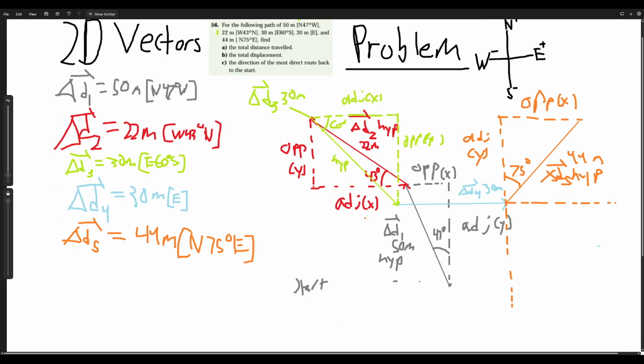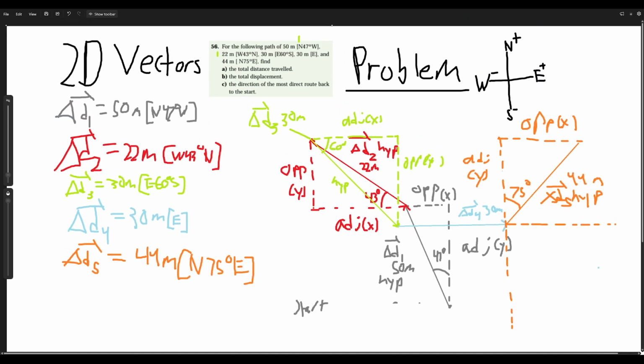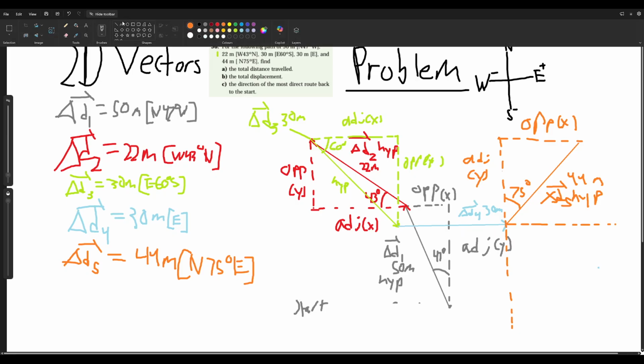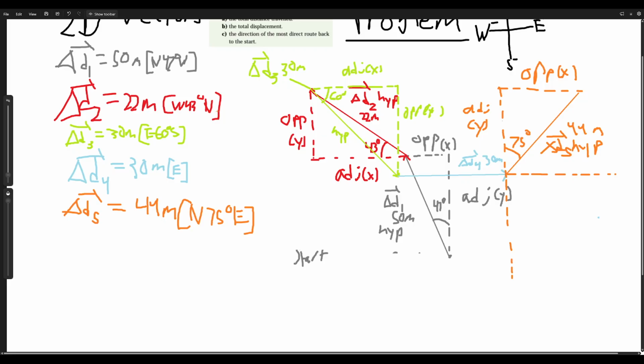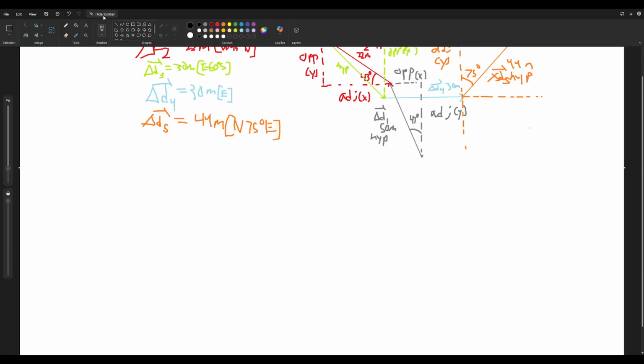Now, another crucial step that you need to do is to make a table. I've cleared up some more space.